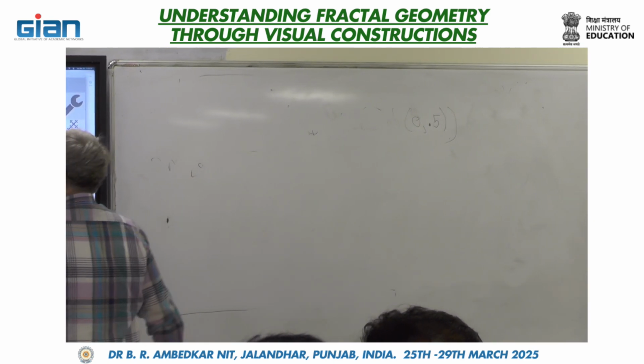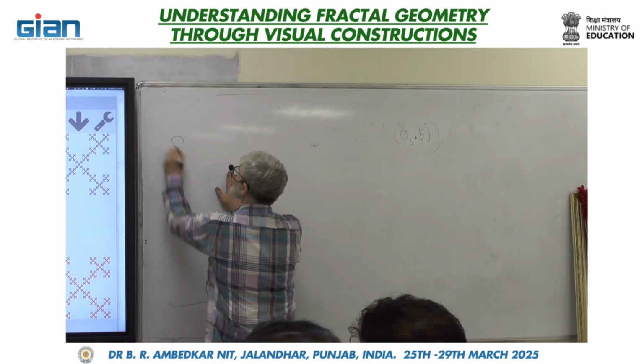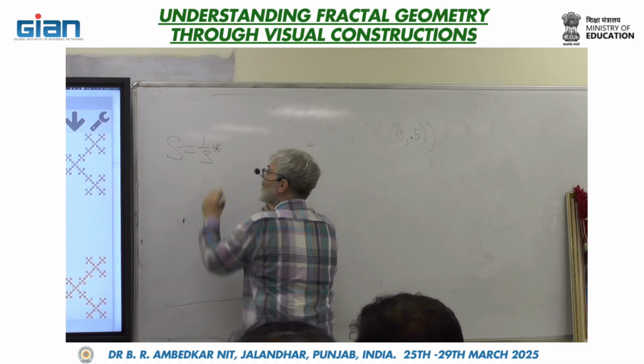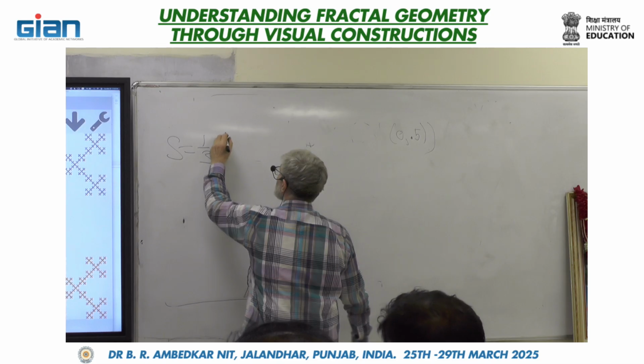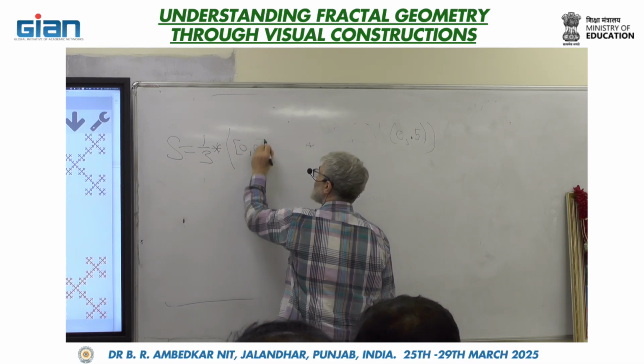So we have an operator S, which is 1/3 multiplied by five translations, 0, 0.